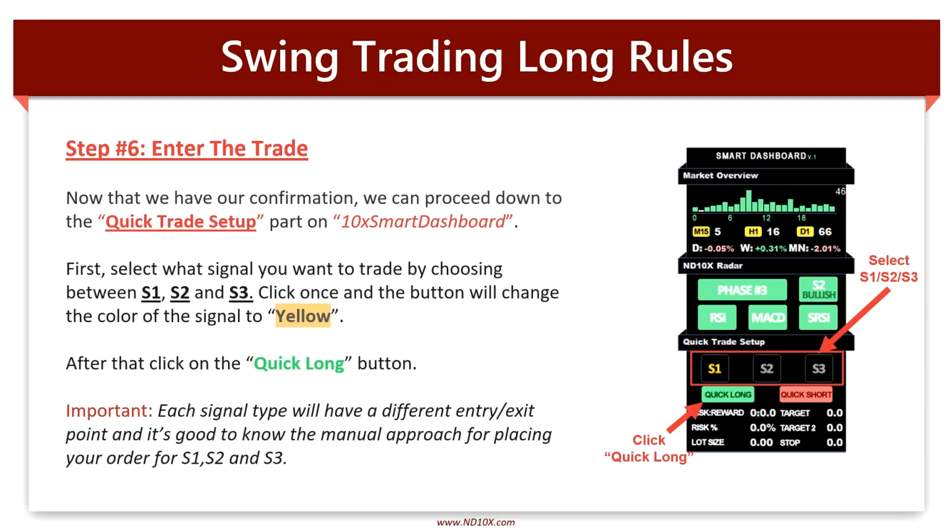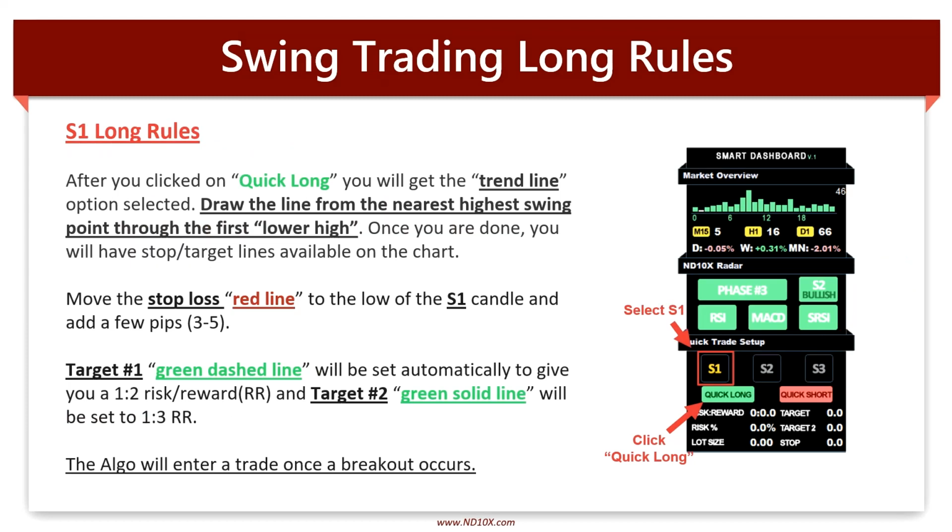Important. Each signal type will have a different entry-exit point, and it's good to know the manual approach for placing your order for S1, S2, and S3. S1 long rules. After you click on quick long, you will get the trend line option selected. Draw the line from the nearest highest swing point through the first lower high. Once you are done, you will have stop and target lines available on the chart.